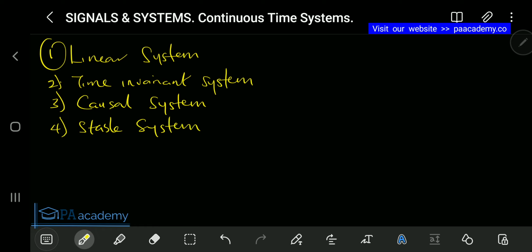system. So what do we mean when a system is stable? We are going to be looking at that. On number 5, we have the memory and memoryless system.